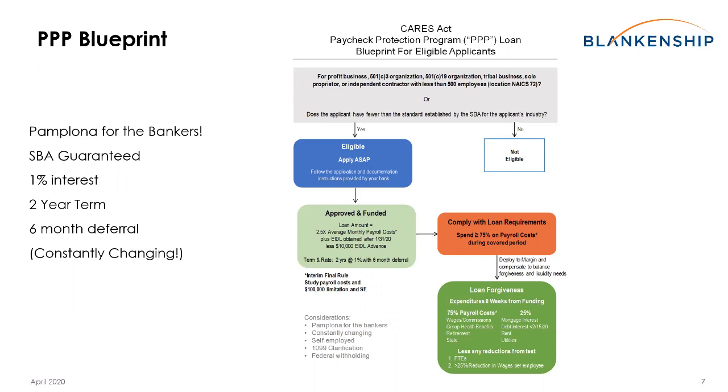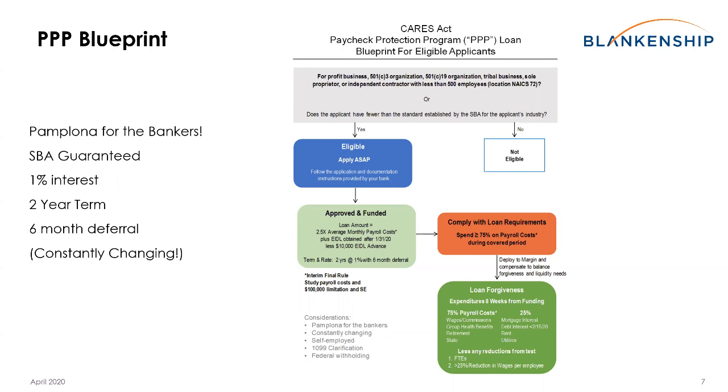So when you go to calculate how much can be forgiven, you'll tally up these 4 different costs. That is the amount. So if you've borrowed $100,000 and these costs that you've dispersed over that 8-week period are $90,000, your maximum forgiveness can be $90,000.